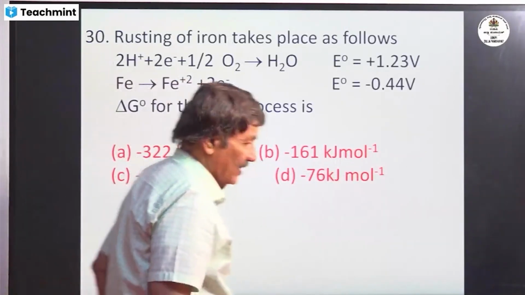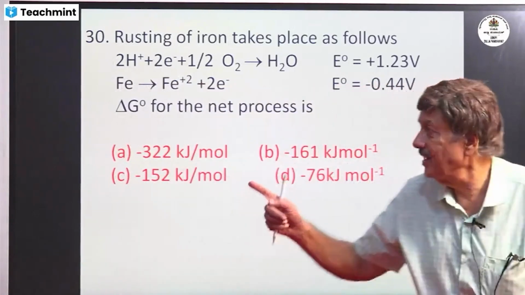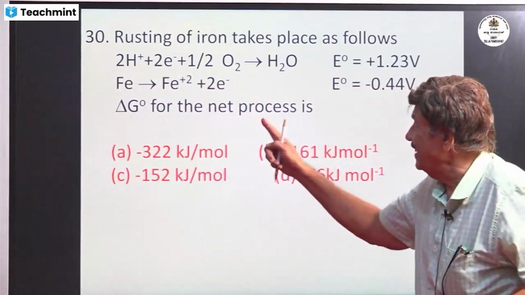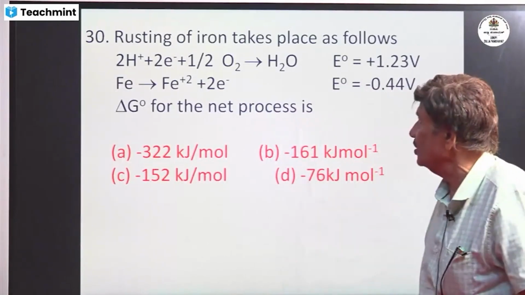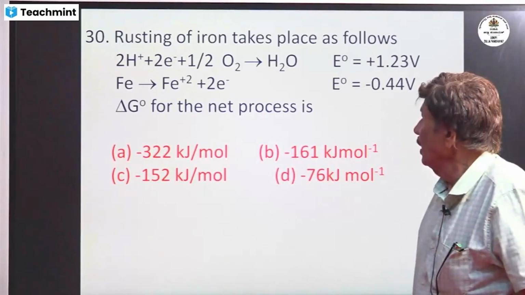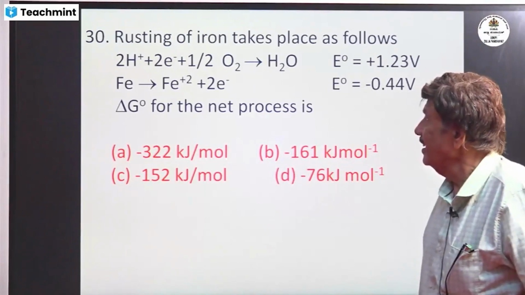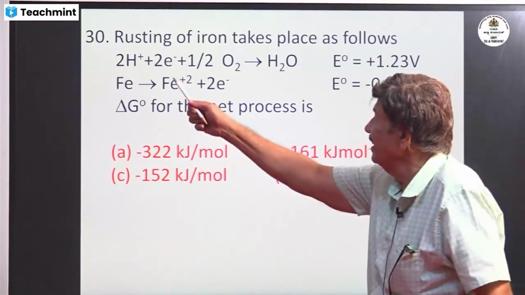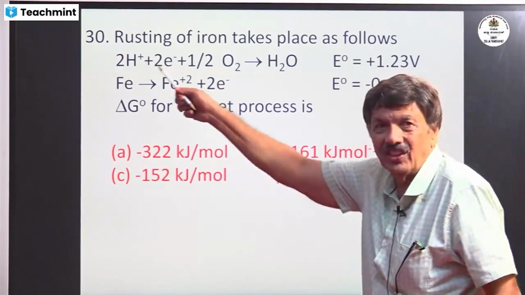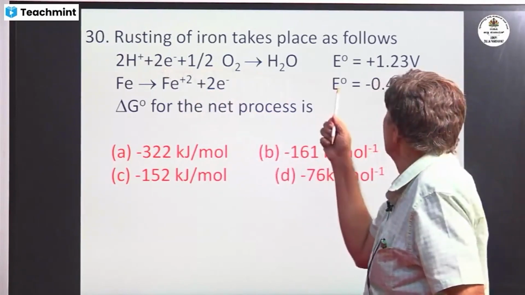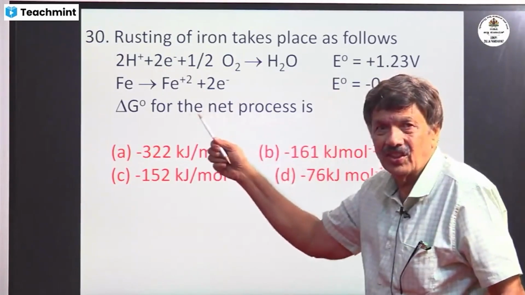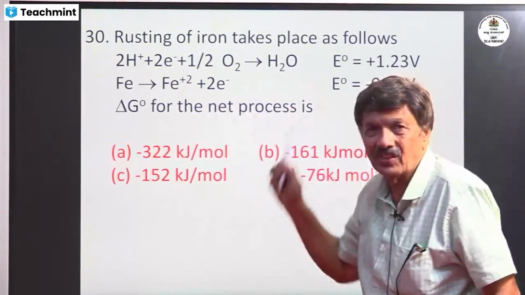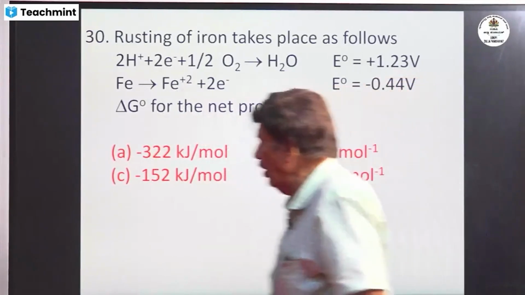Rusting of iron takes place like this. Delta G for the net process. Here it is a reduction, cathode. Here it is oxidation.